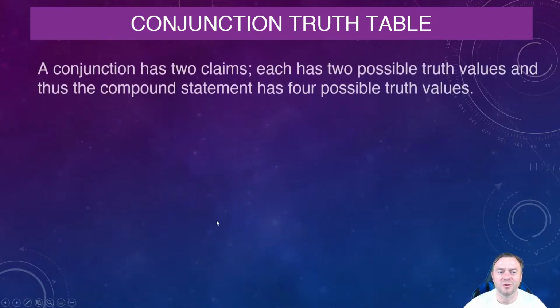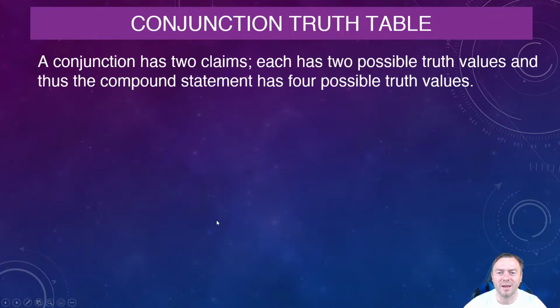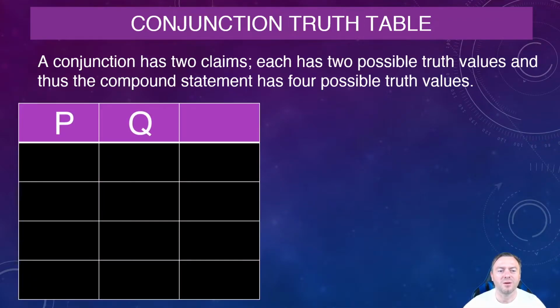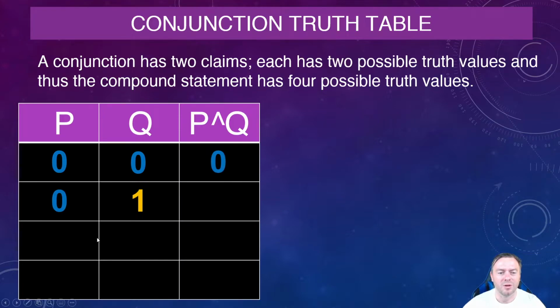So the conjunction truth table has 2 claims, and each is possible, but we only have the 4 different inputs when we do the 2 to start. So if we have P and Q, we just do the same as we've been doing all the way before. If P and Q are both in the off state, when we join those statements, that would still be false.